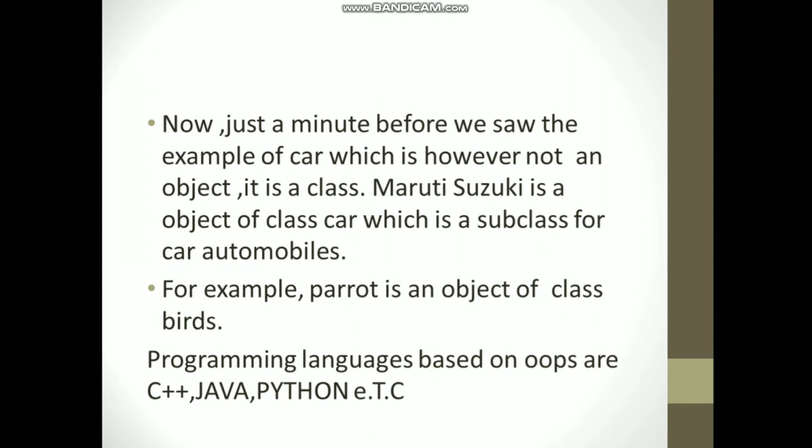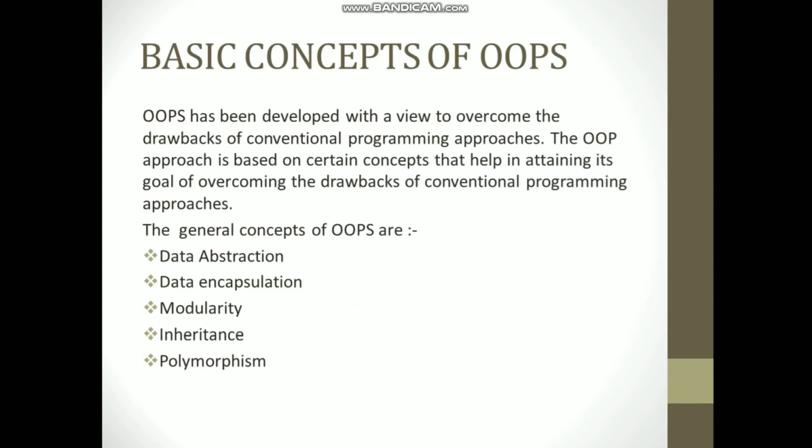So what are the programming languages which are based on the object oriented programming structure? They are C++, Java, Python and many more. So what are the basic concepts of OOP? Now in traditional programming languages, we had a drawback of security. The main problem with the traditional programming structure was the security problem and the code reusability problem.